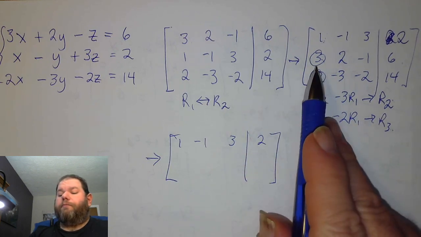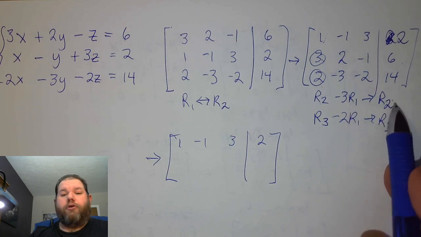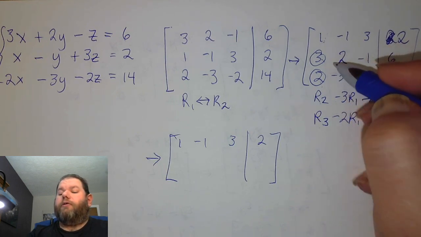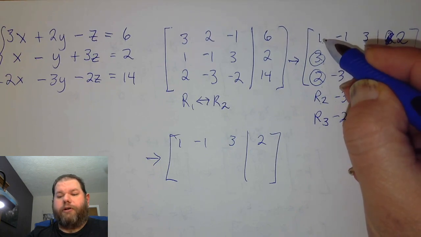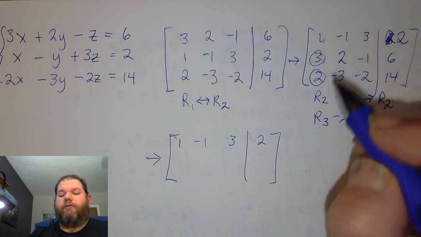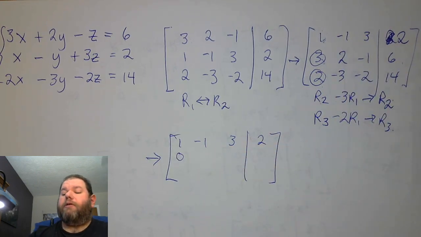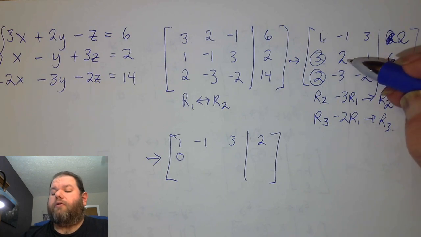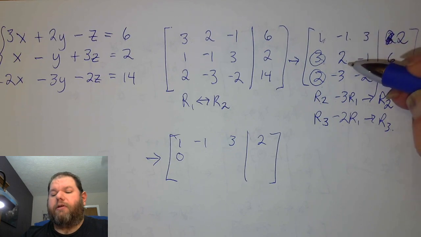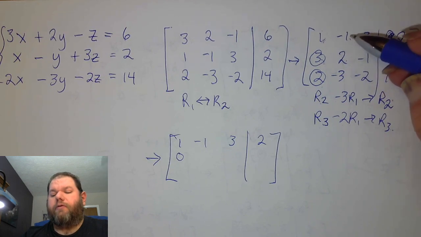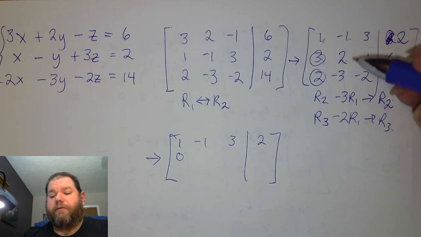So for row 2, we're taking row 2 minus 3 times row 1, and that'll be our new row 2. So row 2, 3, minus 3 times row 1, 1. 3 minus 3 times 1, 3 minus 3, gives us a 0, as we wanted. 2 minus 3 times -1, 2 plus 3, because -3 times -1 is positive 3.